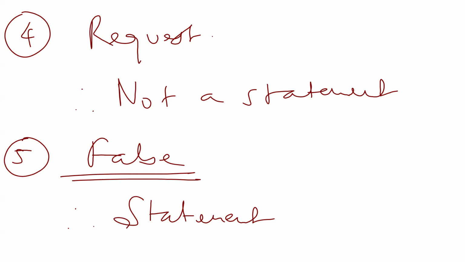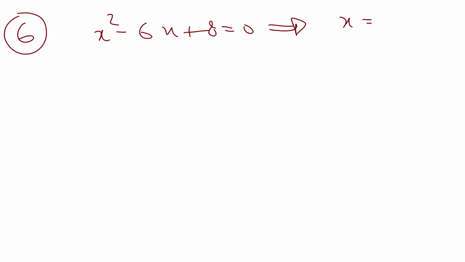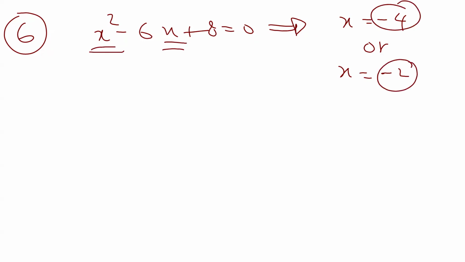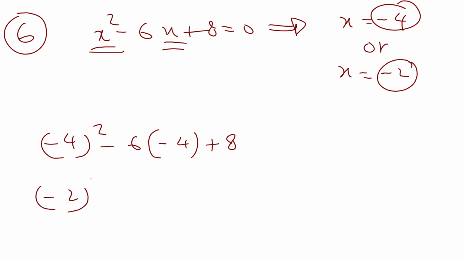Next one, question number 6. x square minus 6x plus 8 is equal to 0 implies x is equal to minus 4 or minus 2. Now put the value of x over here. Minus 4 the whole square, 6 into minus 4 plus 8, and minus 2 the whole square, 6 into minus 2 plus 8.